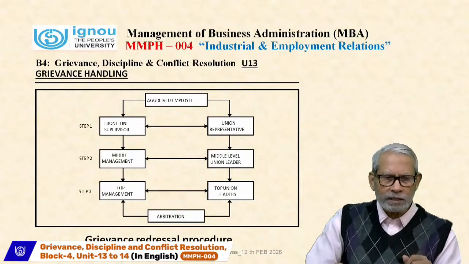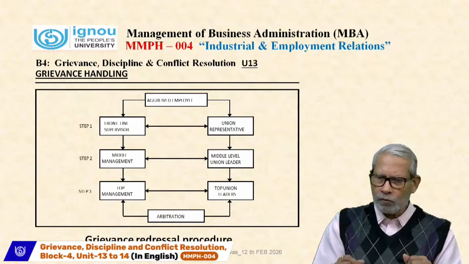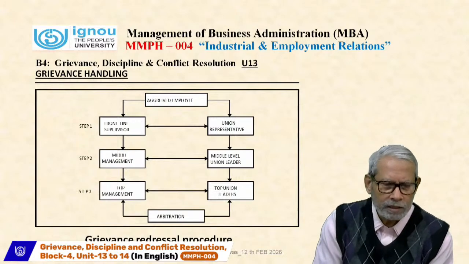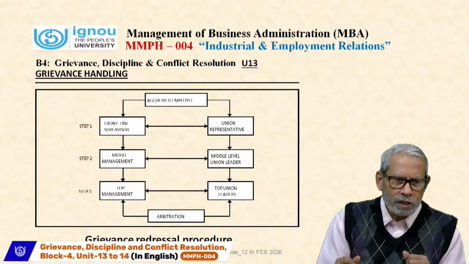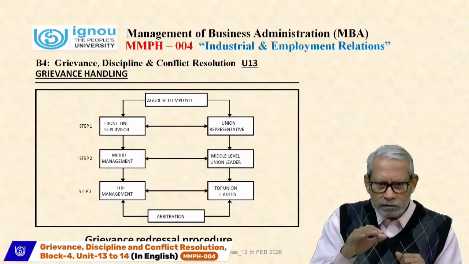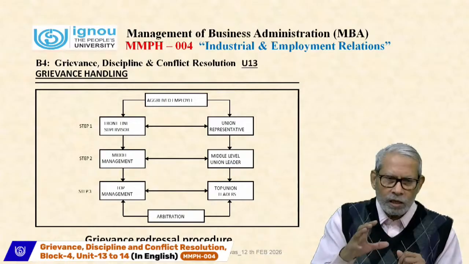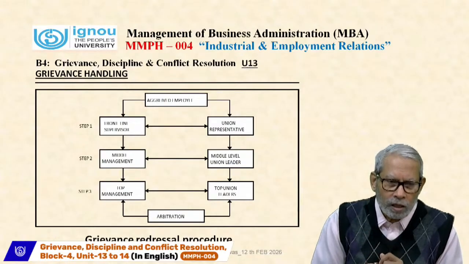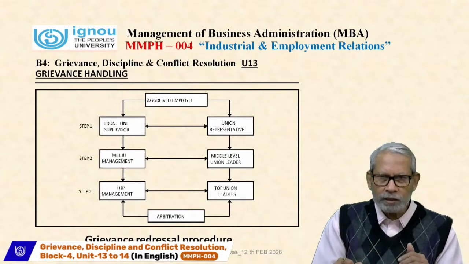Some diagrams are there, and some grievance redressal procedures are explained, showing the way the procedures should be. If there are different levels, the first step is the frontline supervisors, then accordingly the union representatives, and the aggrieved employees.